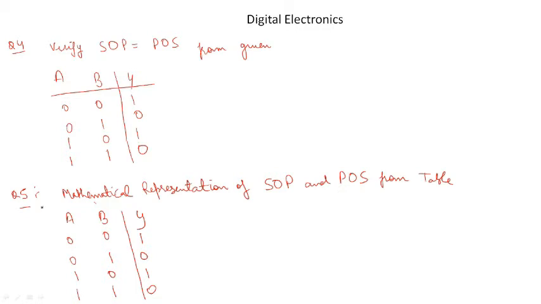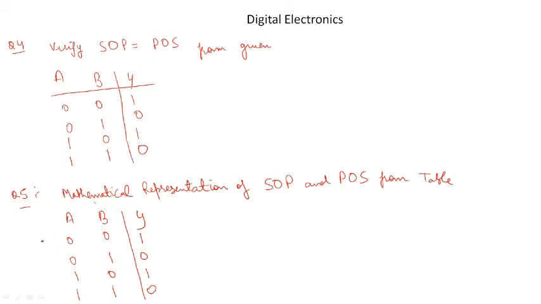The next problem is to find the mathematical representation of the SOP and POS form from the given truth table. It is very simple. You just have to write the decimal numbers for the given input variables.